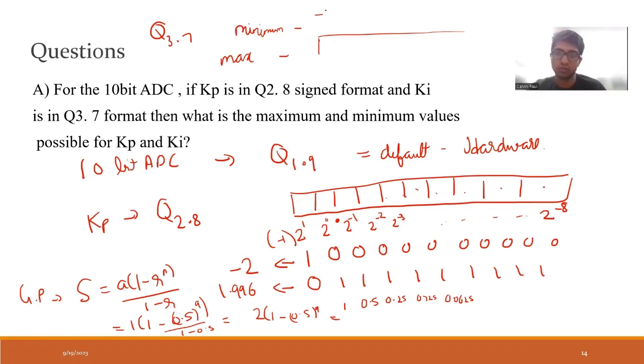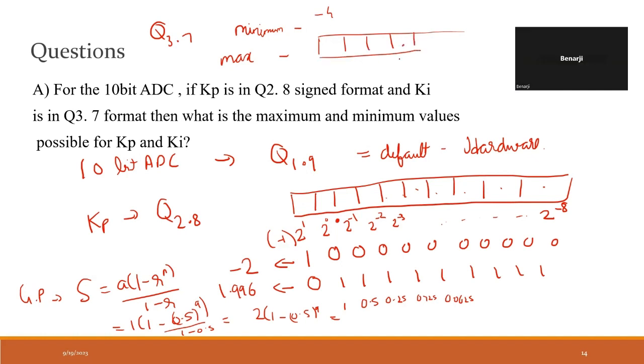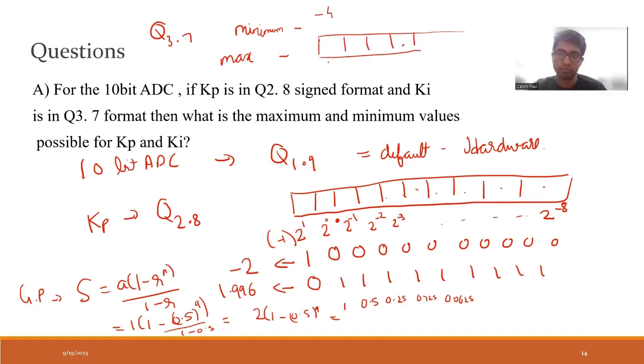Yes, it will be minus 4, because the bits are 2 raised to 0, 2 raised to 1, and minus of 2 raised to 2.